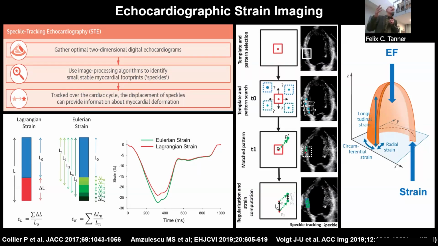Why do I like it so much, and why do all the echo people do likewise? Because you can now really look at the myocardium. By following these speckles from frame to frame through the cardiac cycle, you can watch the myocardium per se, how it is changing its shape, the deformation.